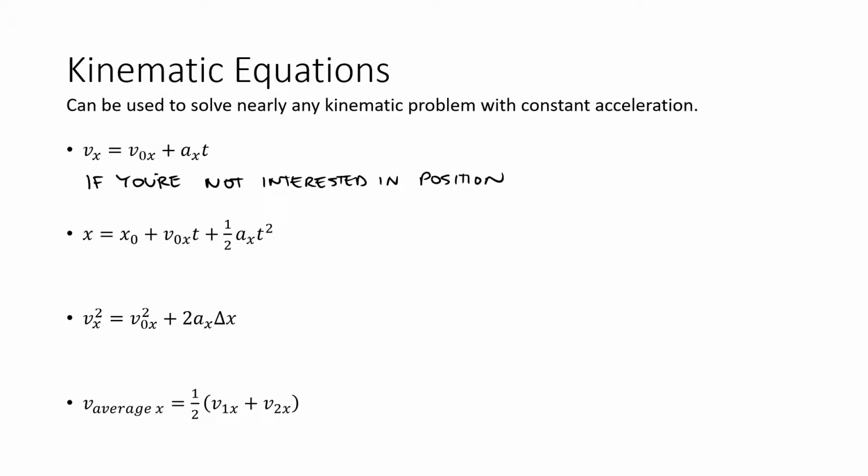Out in the real world, you won't always know how far a thing has gone. Maybe you're not able to measure a distance. Maybe you're not able to measure something's initial velocity. So that's v naught x right there.